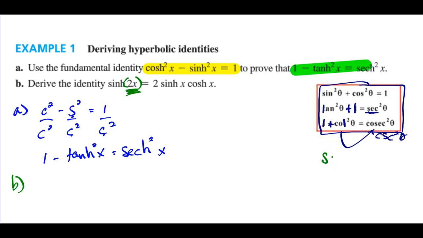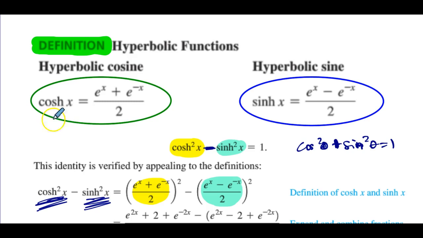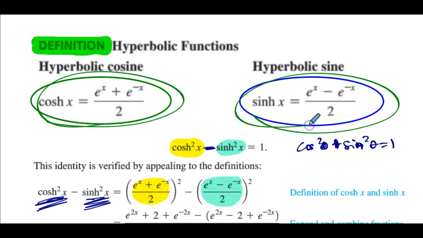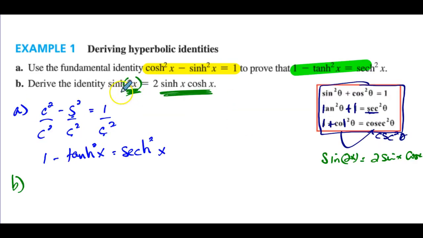Remembering that the sine of a double angle identity was 2 sine x cosine x, they're saying, show through these definitions that it's also true for hyperbolic. So let's see if we can use this. I'm going to do a quick u sub here.